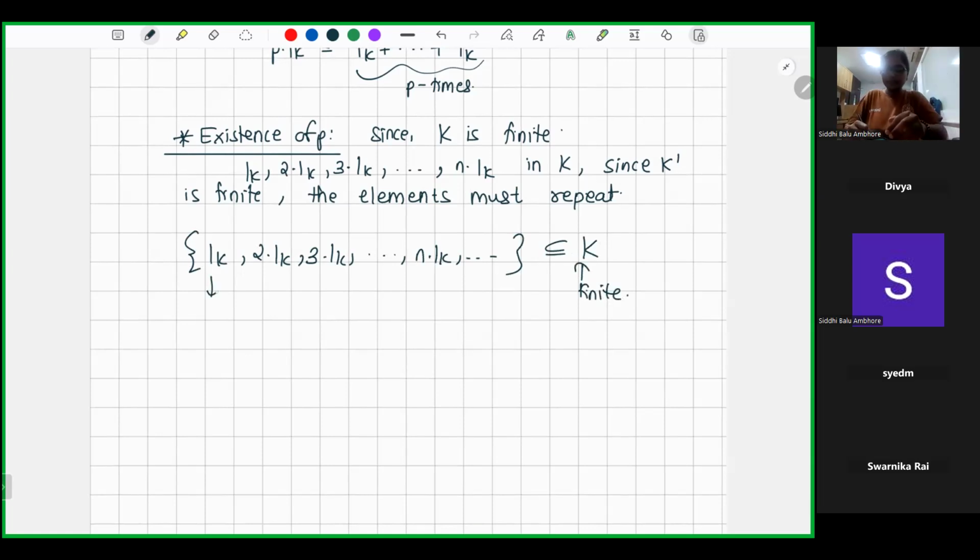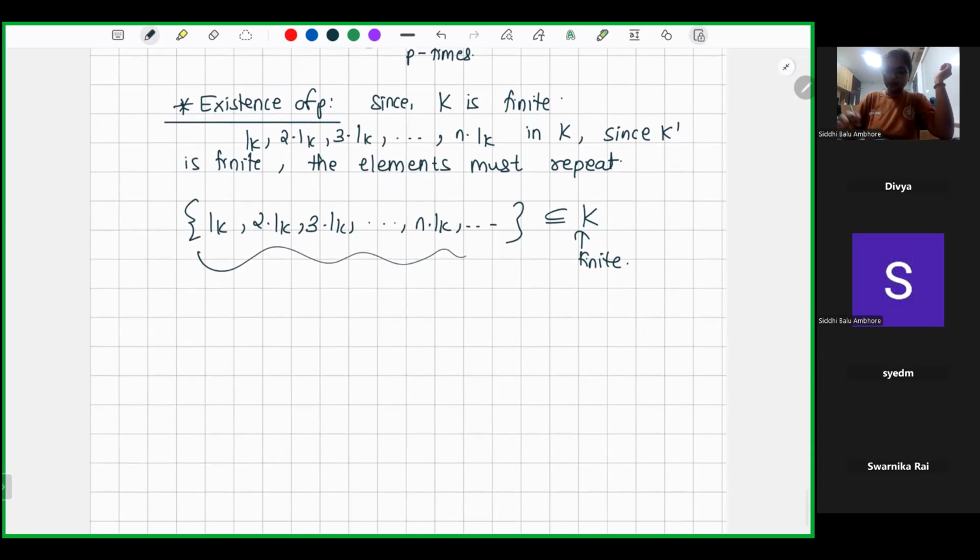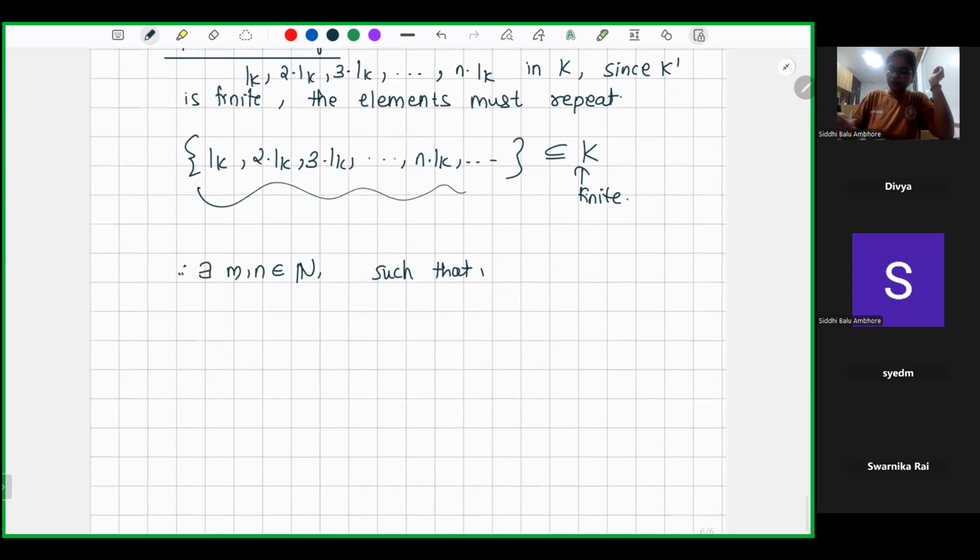So if this is finite, then there must be some two integers, m and n, such that m into 1K is equal to n into 1K. So there exist m and n in Z such that m1K is equal to n1K, right?